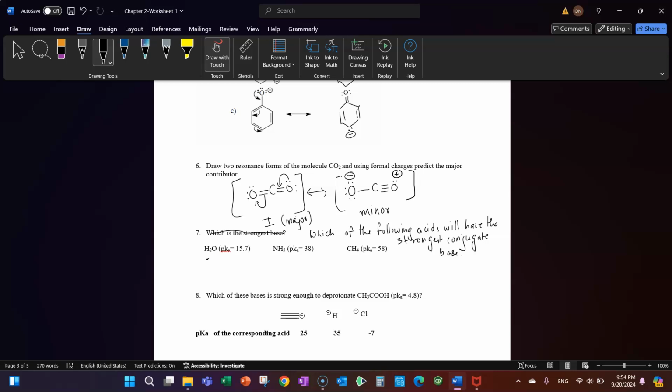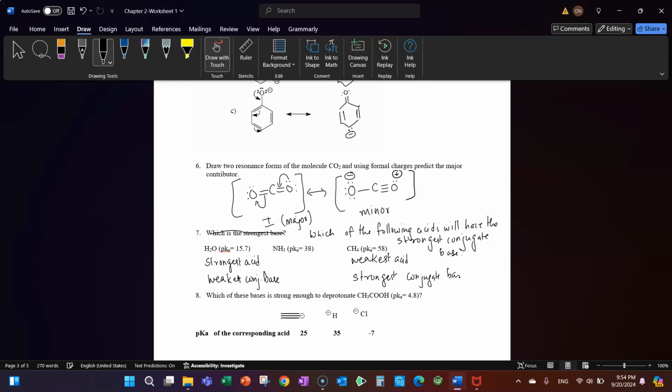So this should be my strongest acid, and this should therefore have the weakest conjugate base. And then this methane will be the weakest acid because its pKa is highest, and that will have the strongest conjugate base.